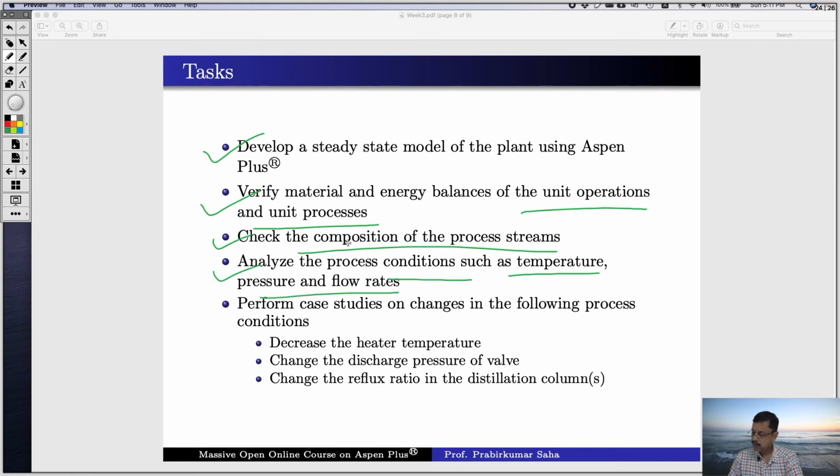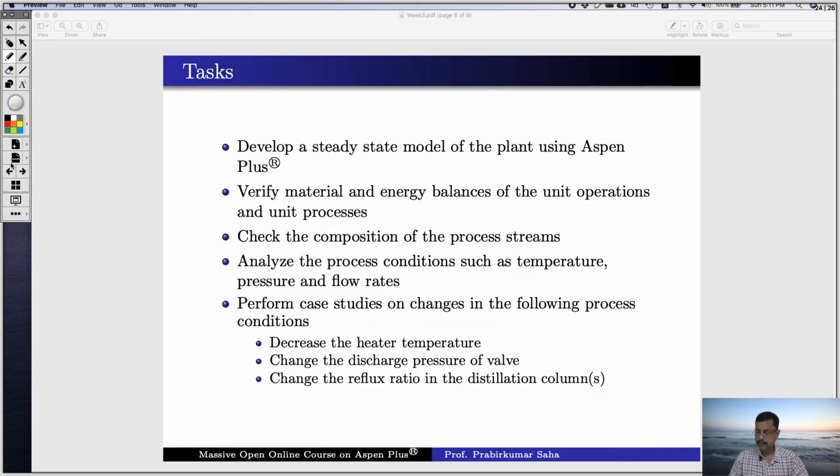And now we are left with performing case studies on changes in the following process conditions. First we will decrease the heater temperature and see what happens. Then we will change the discharge pressure of the valve, and also we will change the reflux ratio in the distillation column and see what happens in these three cases.